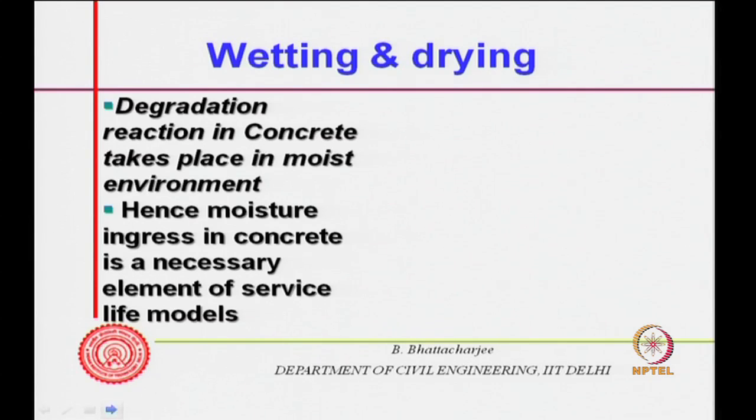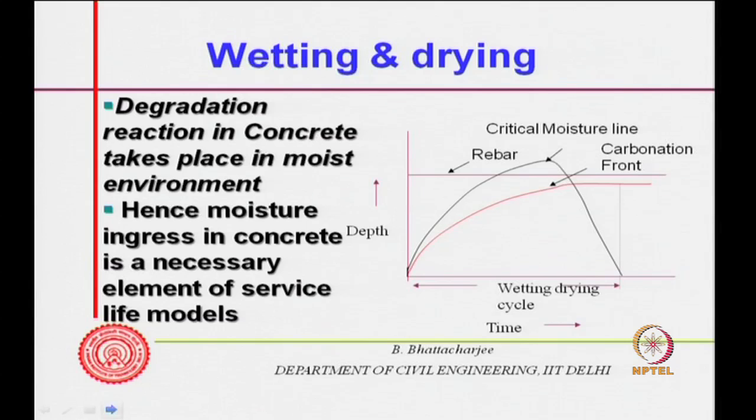So, all models must look into this wetting and drying. If you look at it, for example, in our kind of climatic condition, this is your reinforcement bar, and there is a critical moisture line, a critical moisture content, above which carbonation will not proceed.